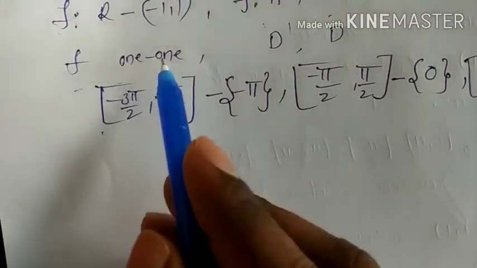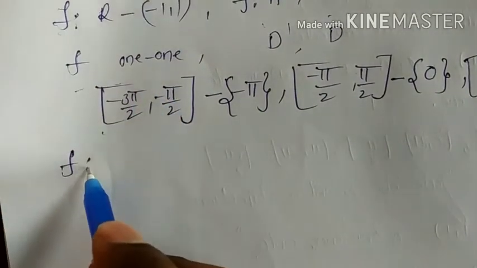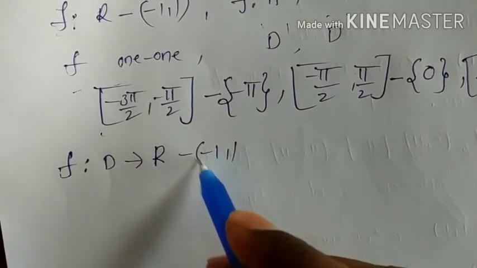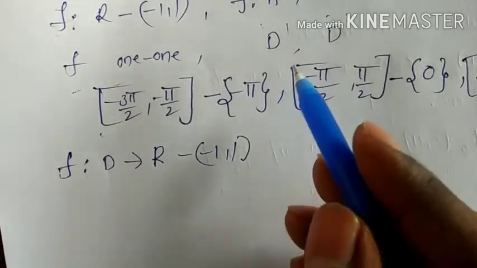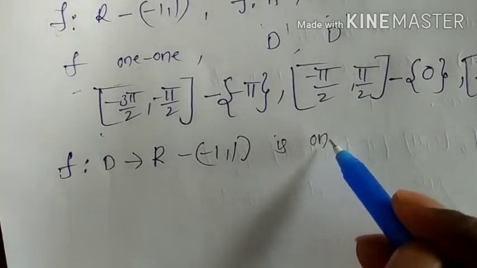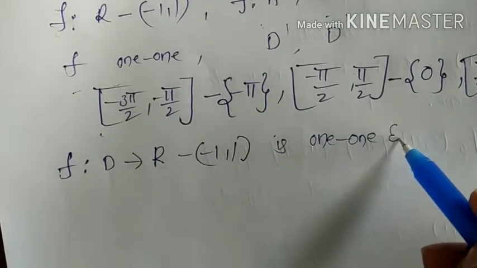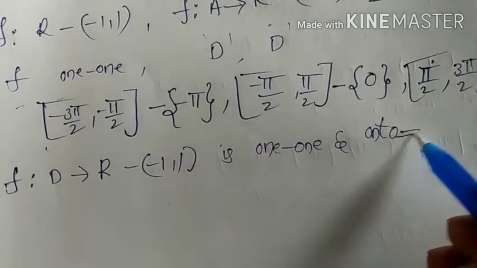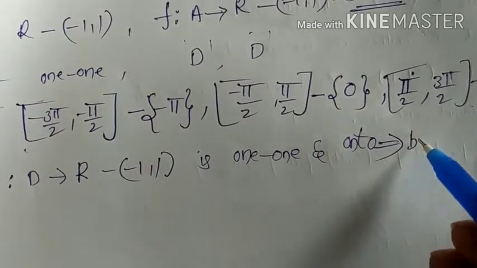So finally we can conclude that the function f: D to R minus of (-1, 1) is one-one and onto. When it is one-one and onto, then it is a bijective function.